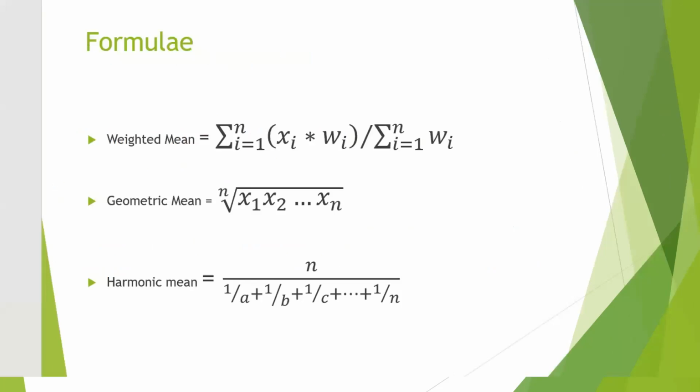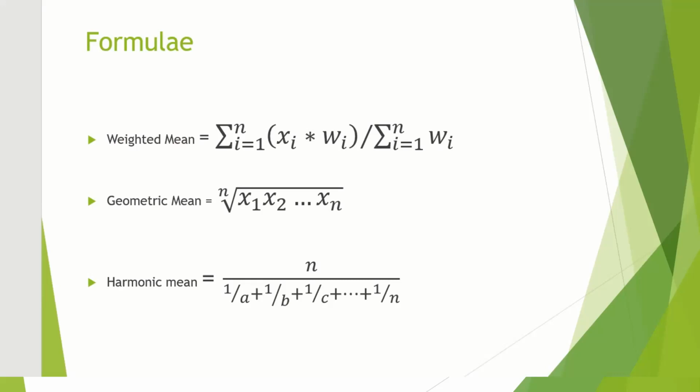The formulae for the weighted mean, the geometric mean, and the harmonic mean are showing on your screen. If you have something, please note it down, or you can screenshot, so that as you saw in the lesson objectives, by the end of this lesson, at least you should be able to have them on your fingertips.